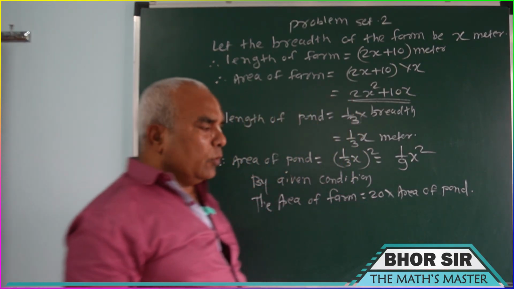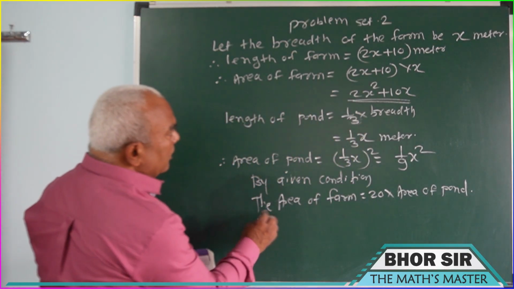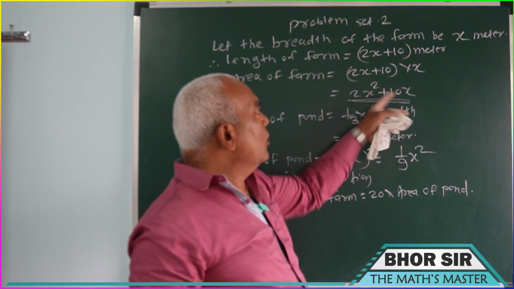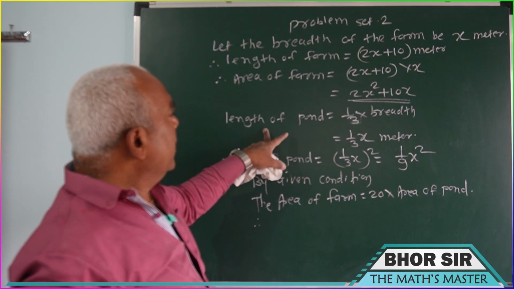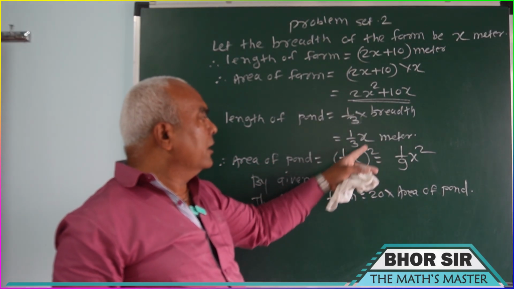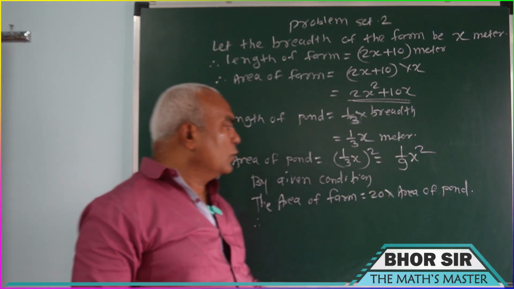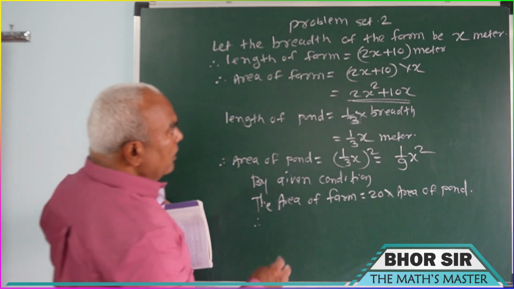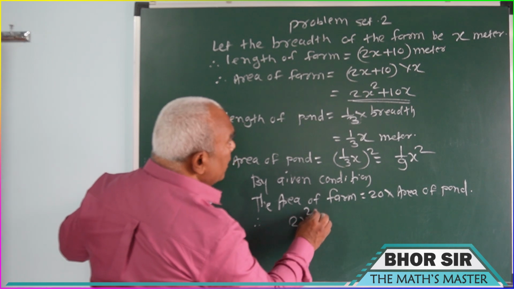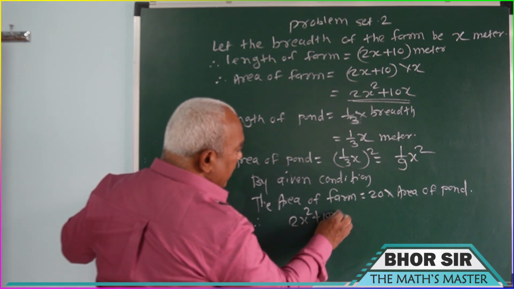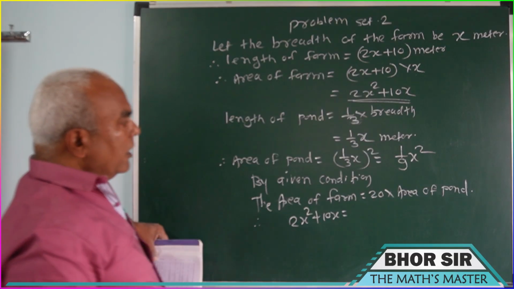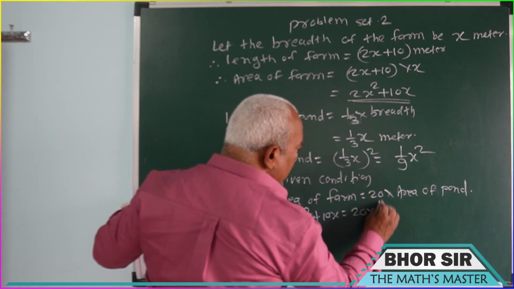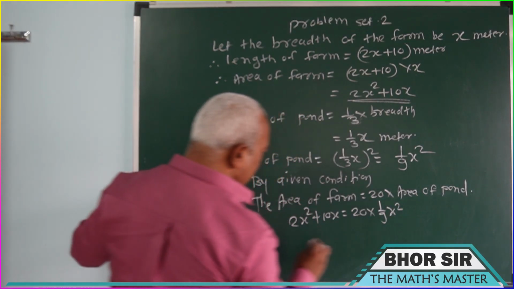Area of farm is 2x square plus 10x and area of pond is 1 upon 9 x square. So 2x square plus 10x equals 20 into 1 upon 9 x square.